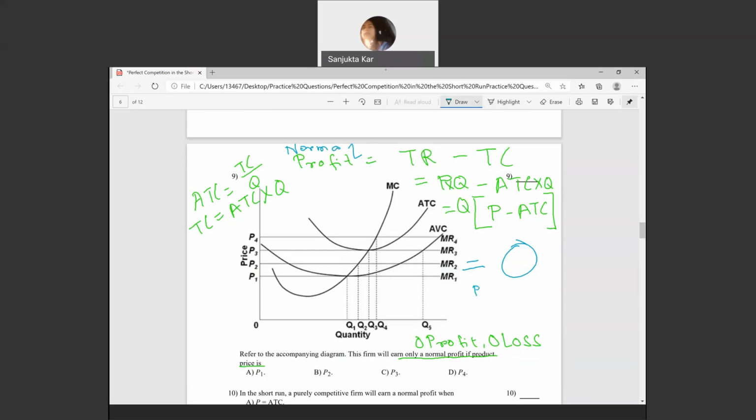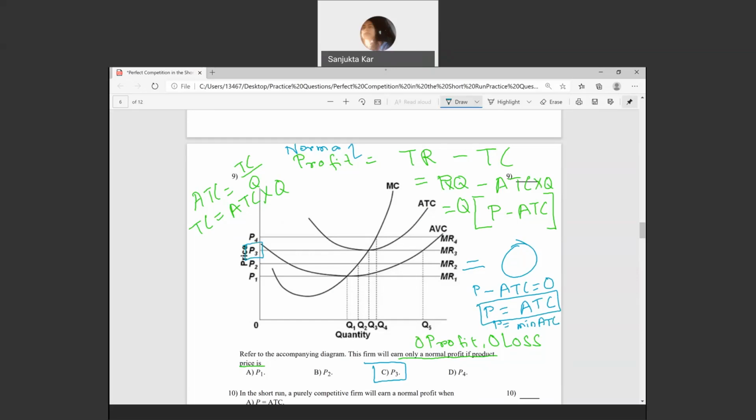That means price minus average total cost will be 0, or price is equal to average total cost. Or I will say price is equal to the lowest point of average total cost. So this will be equal to minimum average total cost. This happens when price is P3.